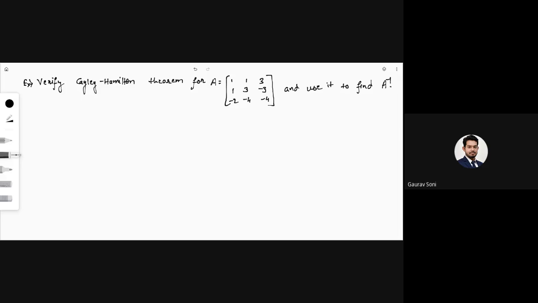Finding eigenvalues is very important. That can be asked for 2 marks, and for 5 marks, you will have to find the eigenvector using the eigenvalue. So maximum stress is on finding eigenvalues. Finding the characteristic equation is very easy, but there is still the problem of finding the determinant and all.